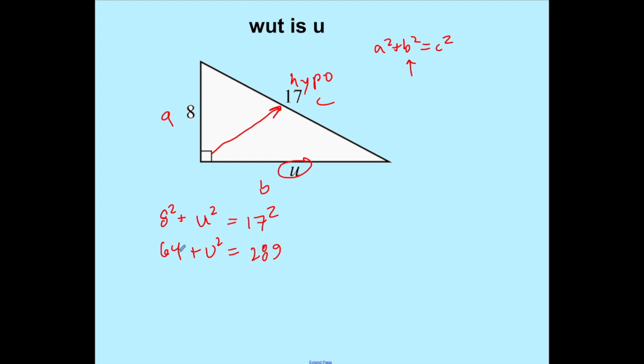So to get u by itself, let's subtract 64 from both sides, and we will get u squared equals 289 minus 64, which is 225. Take the square root of both sides, and you'll get u equals 15. Easy peasy. So that's what happens whenever you have an equation in the Pythagorean theorem and you're not looking for the c, you're looking for one of the legs. This is what you'll do. You'll end up having to subtract from the sides to get the variable by itself.